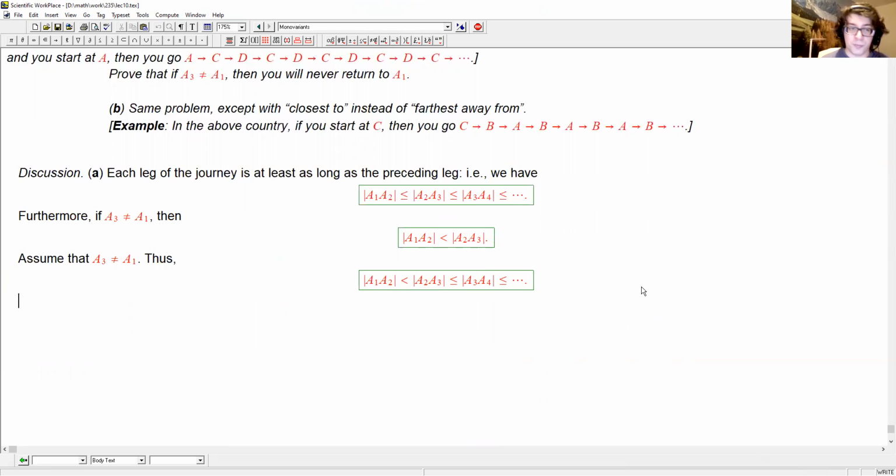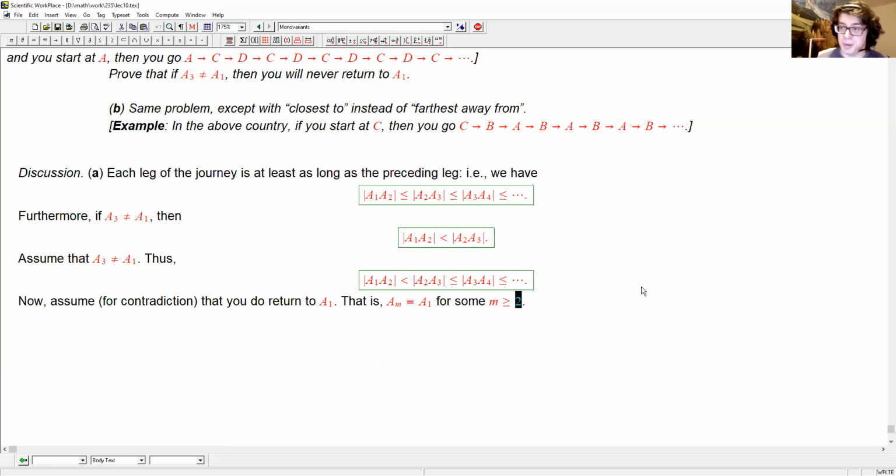Now assume for contradiction that you do return to A1. That is, AM equals A1 for some M at least 2. And 2 is actually impossible because you always go to a different town. So you never just stay in a town.